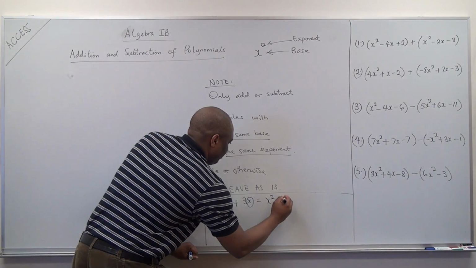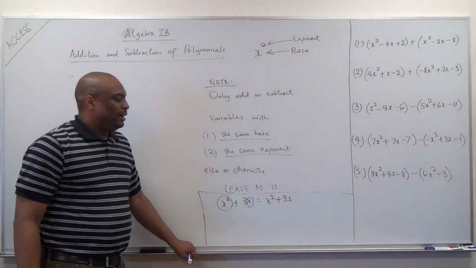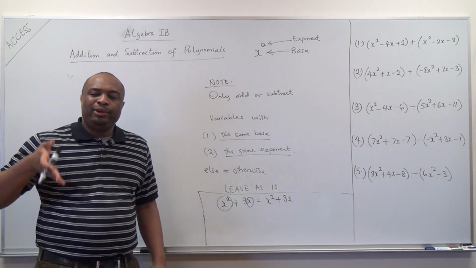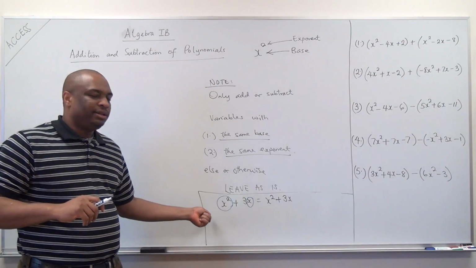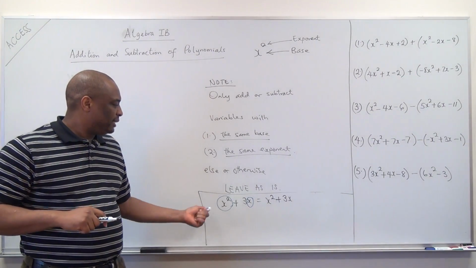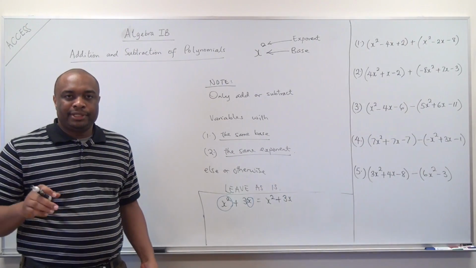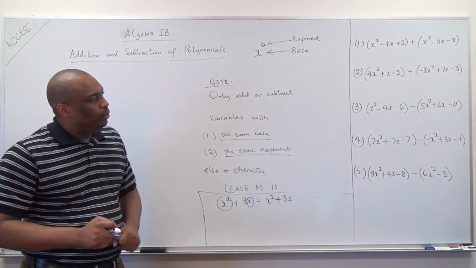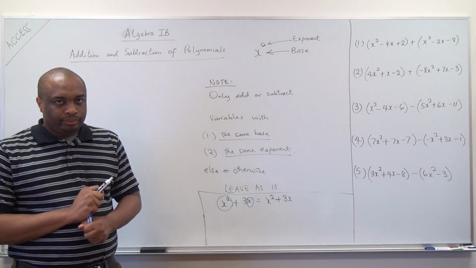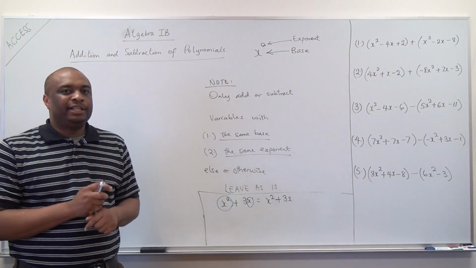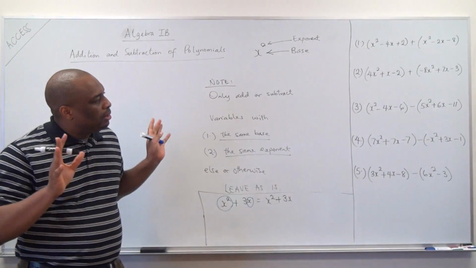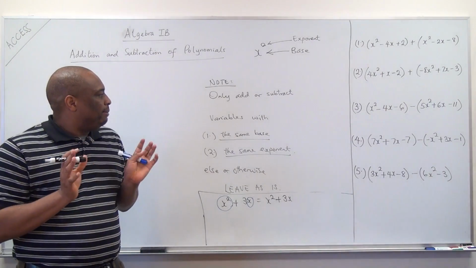X squared plus 3x. Now, later on when we do factoring, you can still factor this. If you factor it, it will be x is common, then x plus 3. But that is not what we are concerned with now. We don't want to talk about factoring now. We just want to add the identical variables.